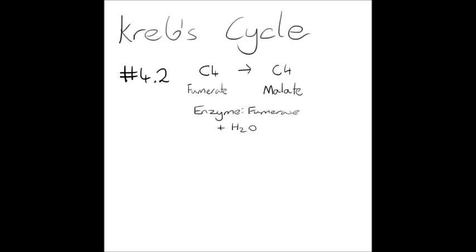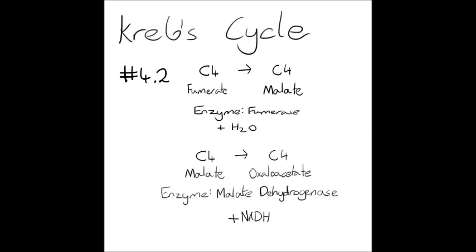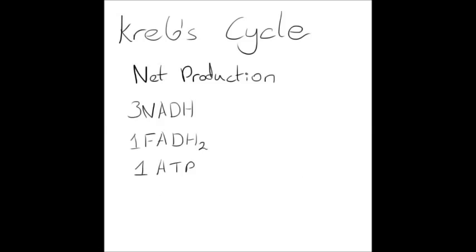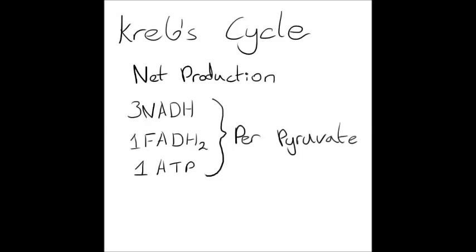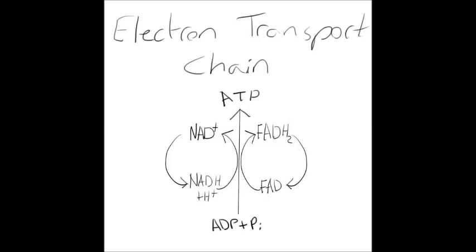Fumarase is then used to produce malate via the addition of water, before at last utilizing malate dehydrogenase to reach where we started again at oxaloacetate, reducing a final NAD along the way. If you've not been keeping track, these processes leave us with 3 NADH molecules, 1 FADH2 molecule, and an ATP molecule, per pyruvate.